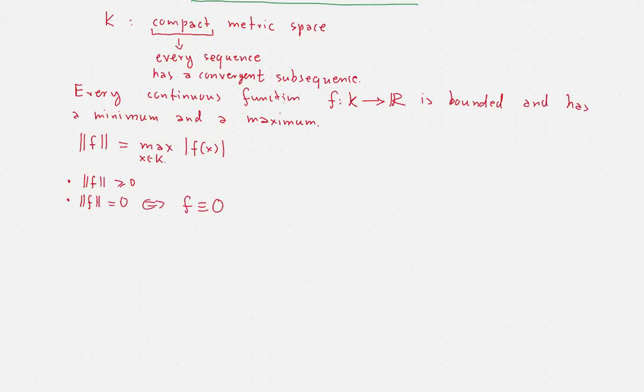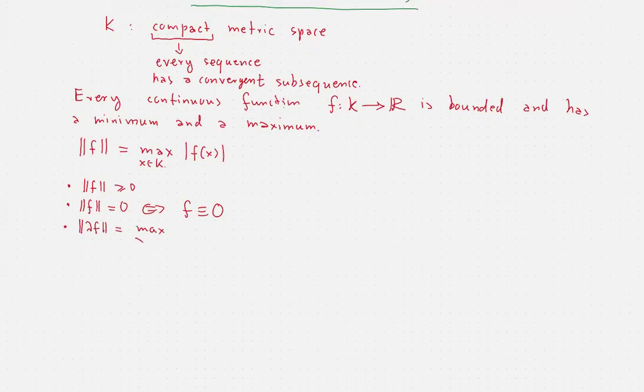And of course, again, it's quite easy to show that if we take the scalar multiple of a function, this is going to be the maximum over K of absolute value of lambda times f of x. And this, of course, is the maximum over K of absolute value of lambda times absolute value of f of x.